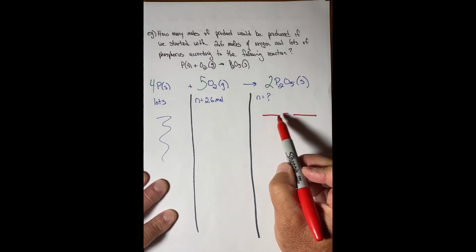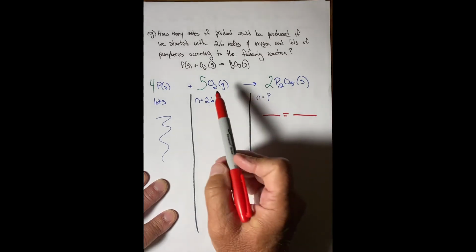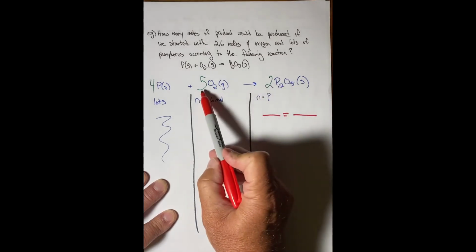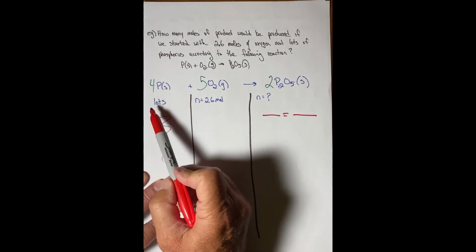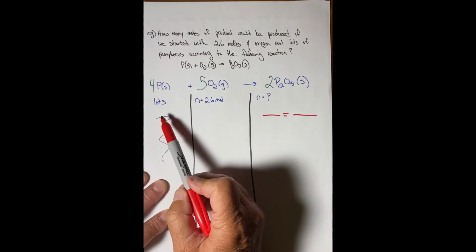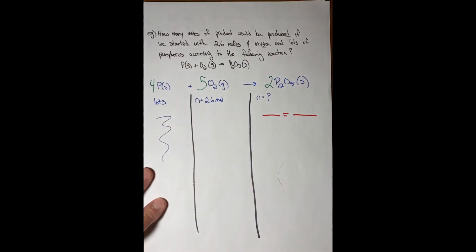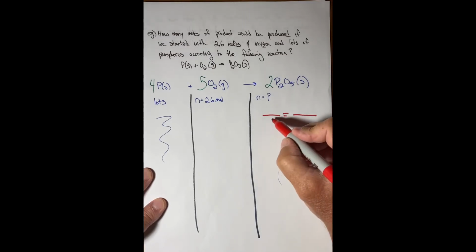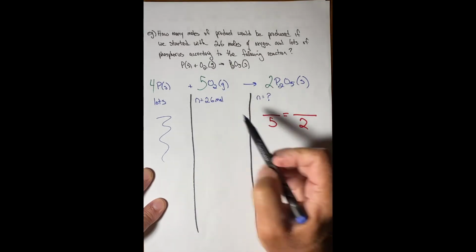So once we have line equals line, on the bottom we are going to put the original mole to mole ratio that is between these 2 columns. I'm not worried about phosphorus because basically we have lots of it, so the reaction really isn't dependent on it, and you are only comparing 2 things. You never look at all 3 things. So the original ratio is 5 to 2, and I try to keep them in the same order that they appear here.